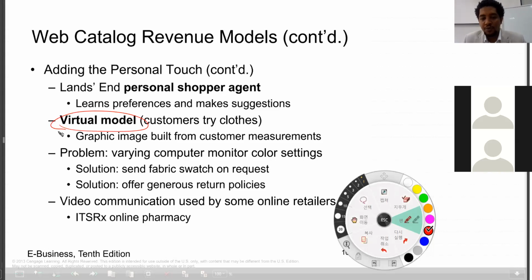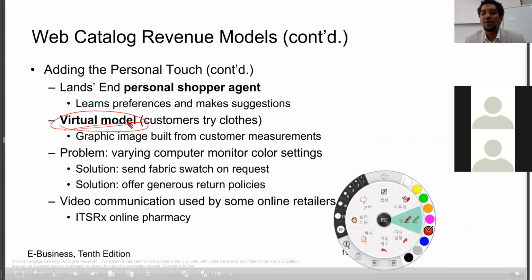To solve this problem, this company has created an augmented reality application that takes the structure of your face, and from scanning it, they can place the sunglasses that fit your face, or the one that you chose. Then you can see yourself wearing the glasses. So from the picture, you can decide whether to buy or not. The same thing was used back then, and it is called a virtual model.